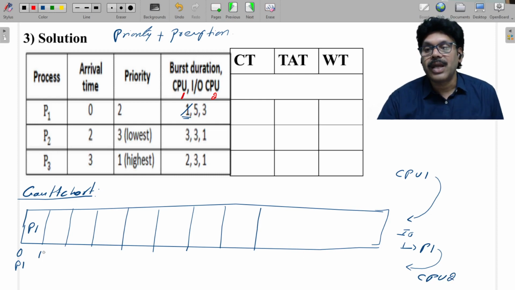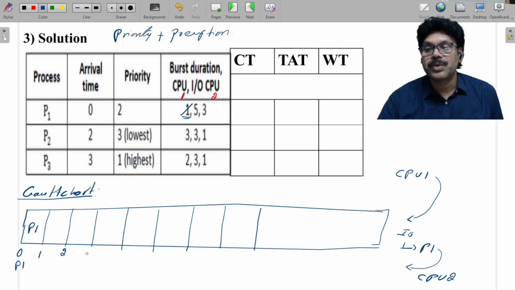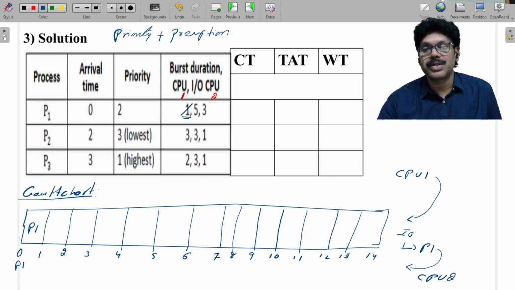P1 went for IO. How many units? 5 units. So 2, 3, 4, 5, 6, 7, 8, 9, 10, 11, 12, 13, 14. If it needs more, we will extend the Gantt chart.